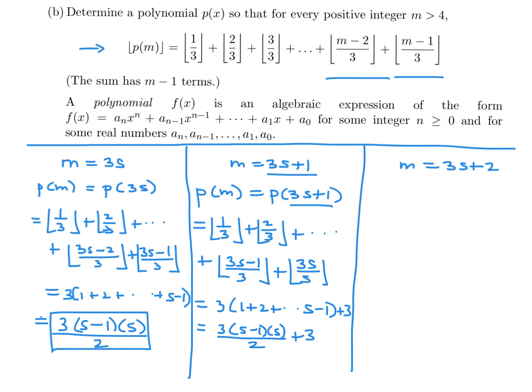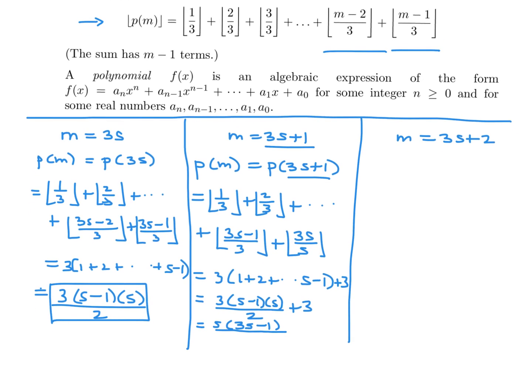And then when you add that fraction, I'll let you add the fraction and simplify it. It's going to end up being s times (3s minus 1) all over 2.